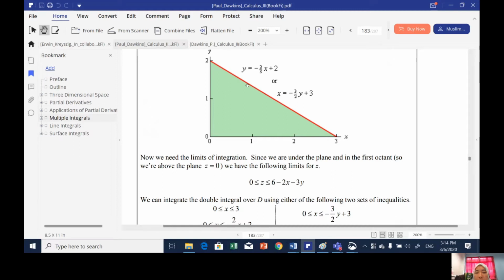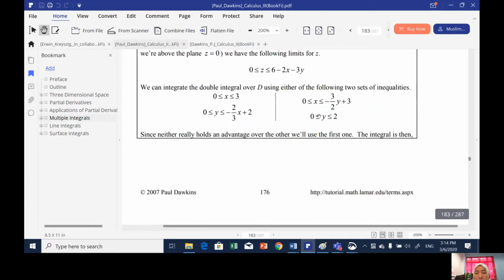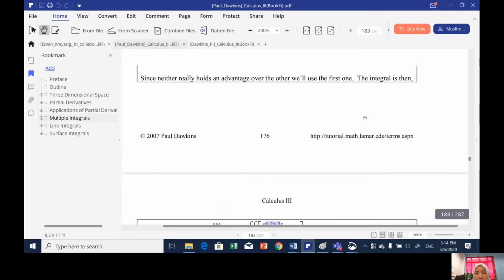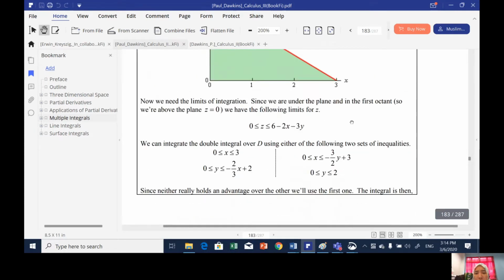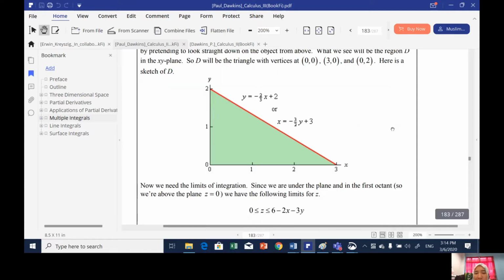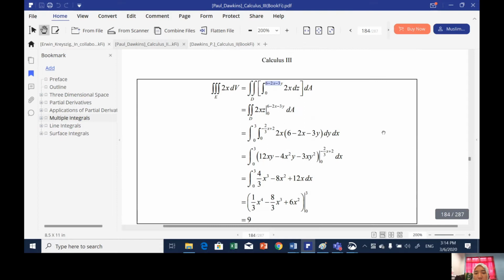The equation represented by the red line will be either one. We are going to use the function in terms of the x variable, expressing y as the subject. So this will be our upper limit for dy. The lower limit will be from 0.